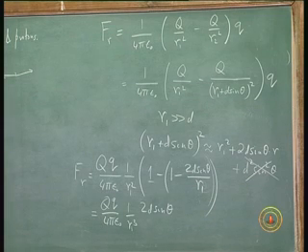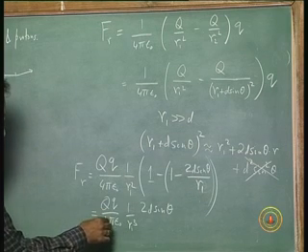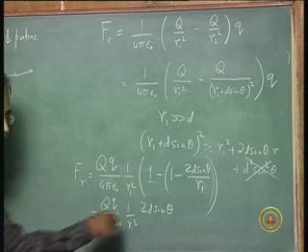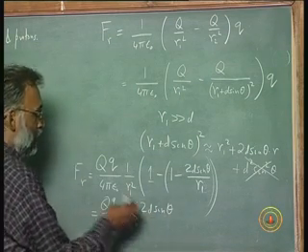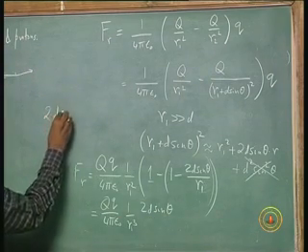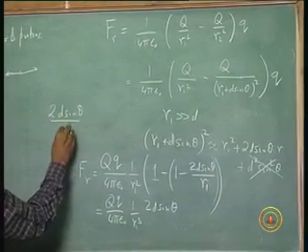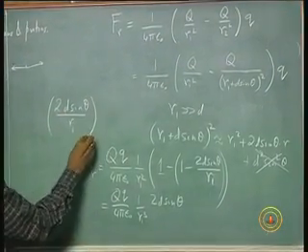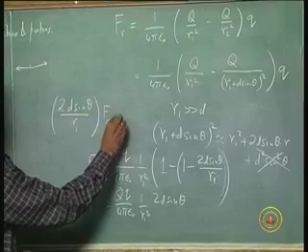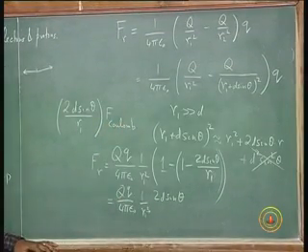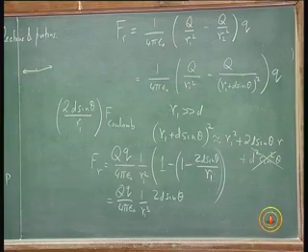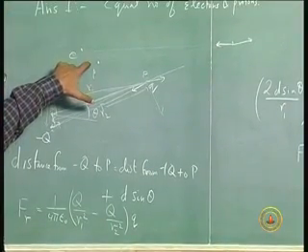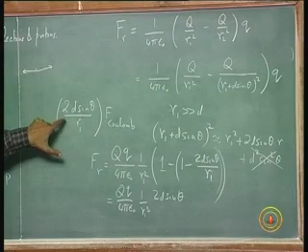So, ultimately, what have you gained? The q over 4 pi epsilon naught r1 squared is Coulomb's law. You have an extra term that goes like 2d sin theta over r1 times F Coulomb. So, the fact that you had electrons and protons close together buys you this factor.